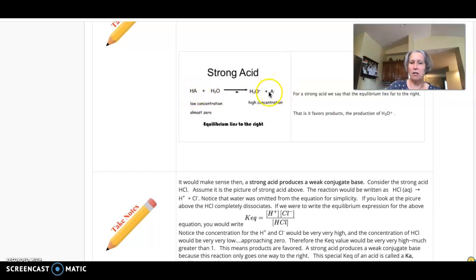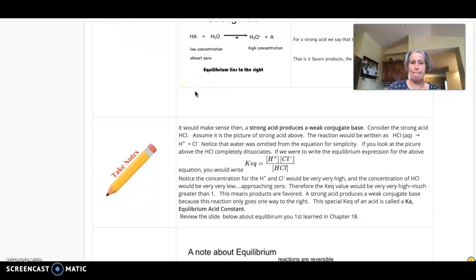This is called the conjugate base of the strong acid, if you remember from your Bronsted-Lowry theory. So for a strong acid, this would be its conjugate base. We say that the conjugate base is weak because it does not want to go back and make HA, okay?